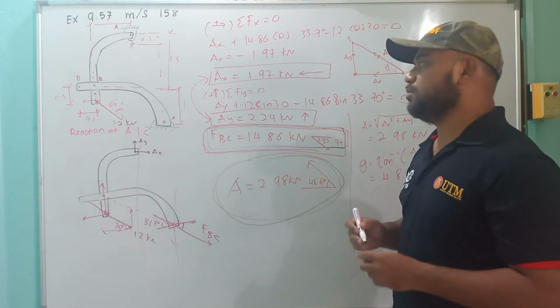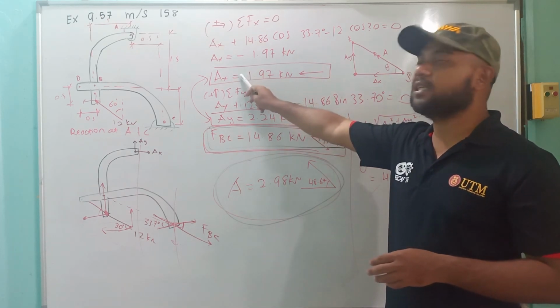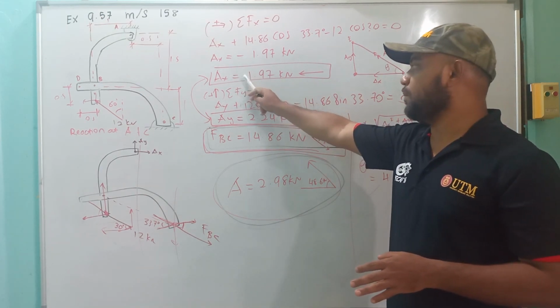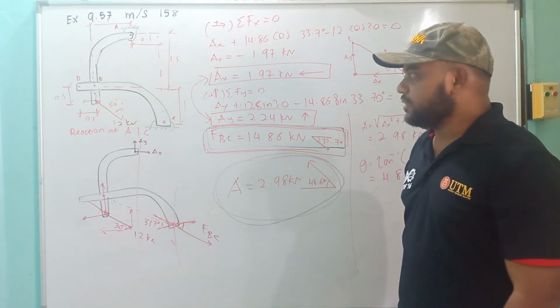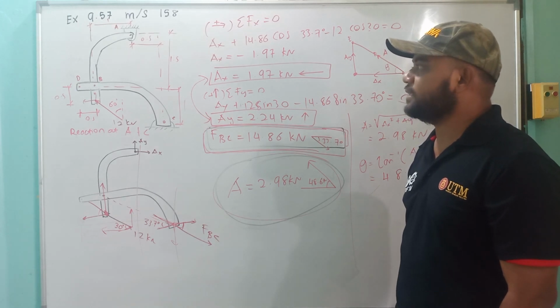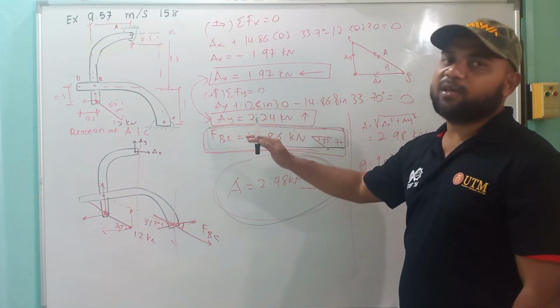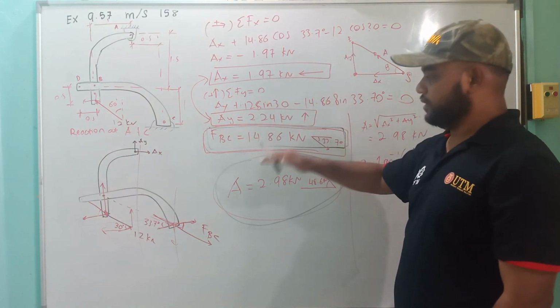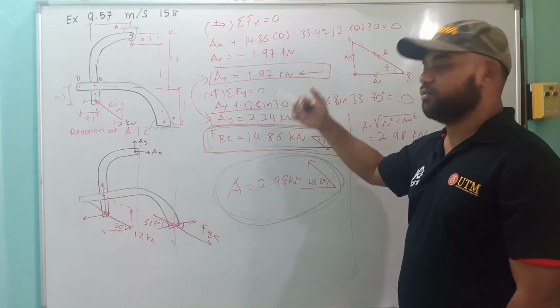Okay. Because the question asks you to find the reaction, you cannot leave in terms of this one. This is the component of reaction. So you have to combine Ax and Ay to become the A. Okay? So that's all for the exercise. I think that's enough for now. We have two exercises where I showed completely how to draw the free body diagram, and then how to calculate, start by which point, sigma Fx, sigma Fy, or sigma moment.